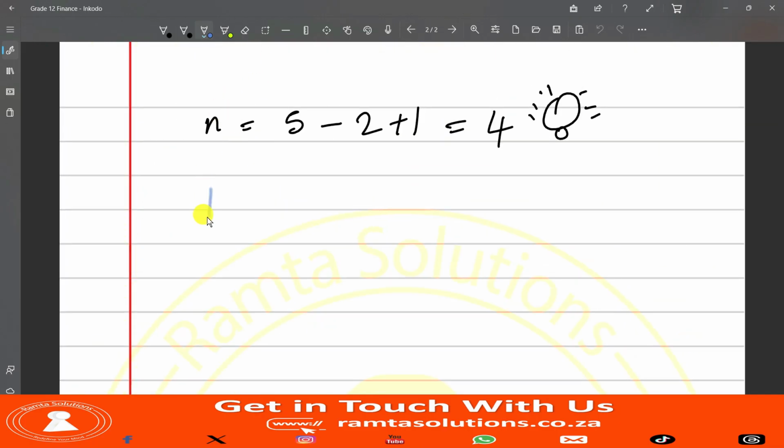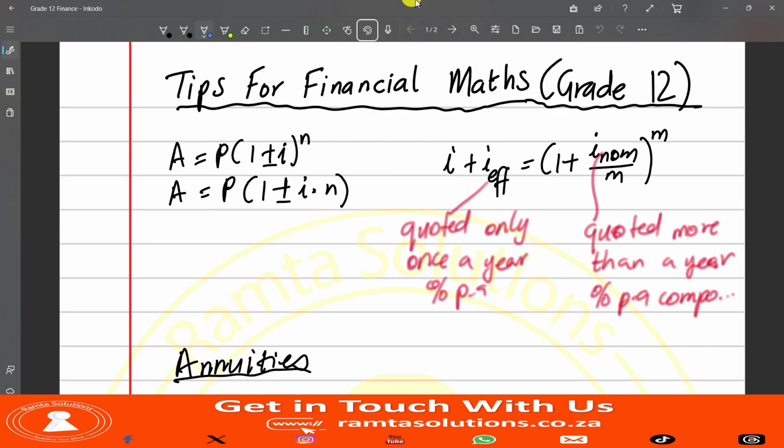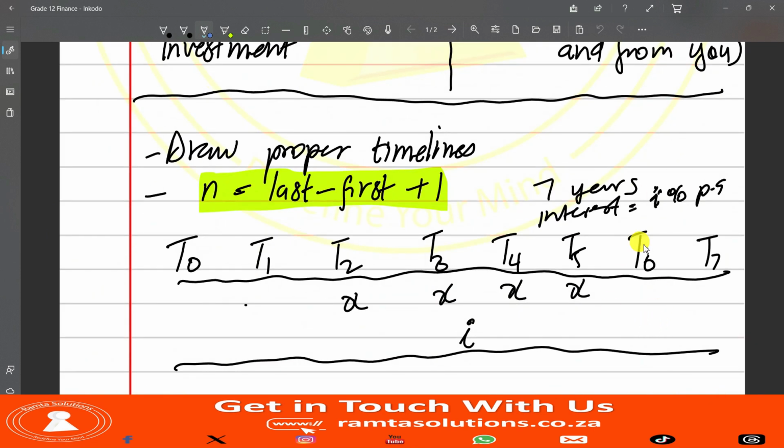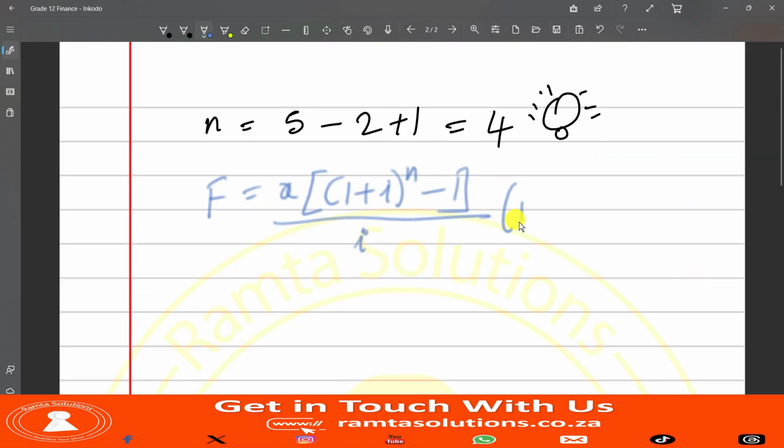F equals x into 1 plus i to the n, minus 1, close all over i. We might modify this by saying we have 2 more years or 2 more installments pending. So maybe modifying it, we might say it must be 1 plus i to the power 2. Do you see this? Now, this is the power of a timeline.